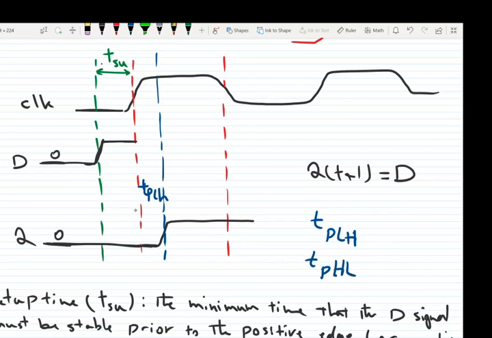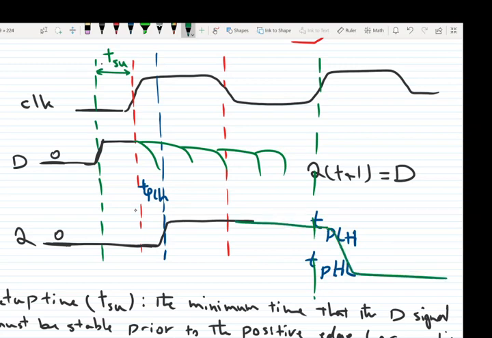Now that the output has changed, my question is how soon after the clock edge I can change my input from 1 to 0. As we know, the output of the D flip-flop, the Q, is not gonna change until the next rising edge. So if we change the input at any of these moments, the output will stay 1, and it will change at the next rising edge.